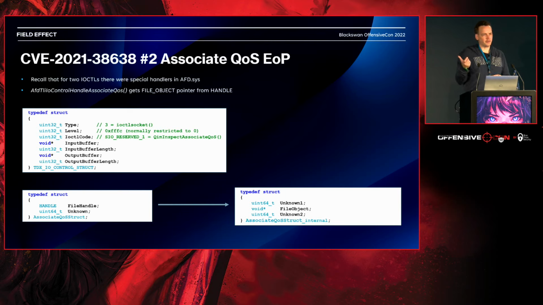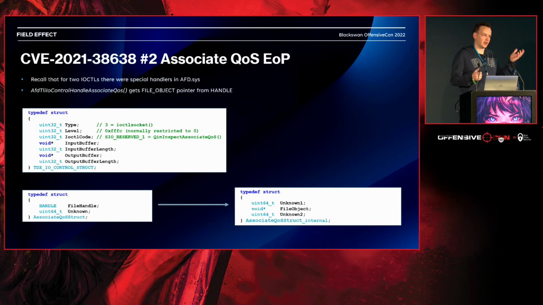So there was this associate QoS, or quality of service, function, and what that did, like I mentioned, was convert the input buffer into some other format.